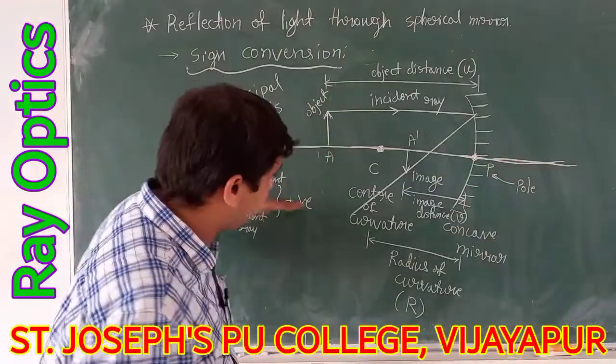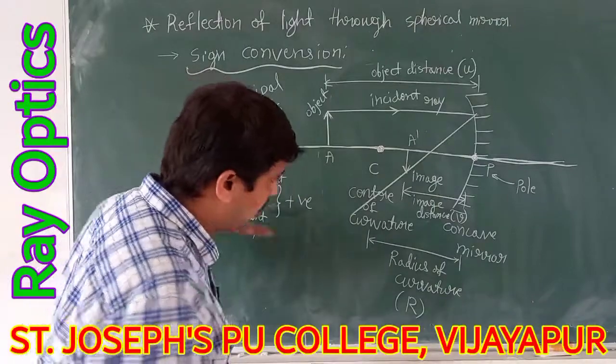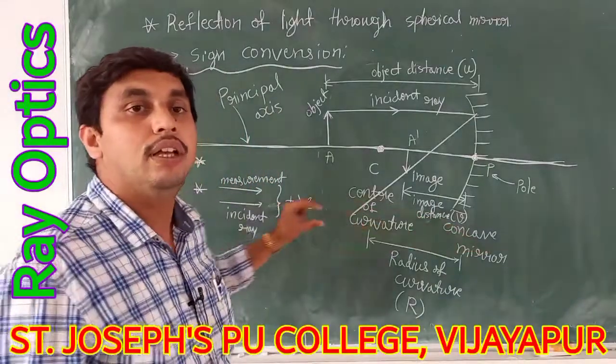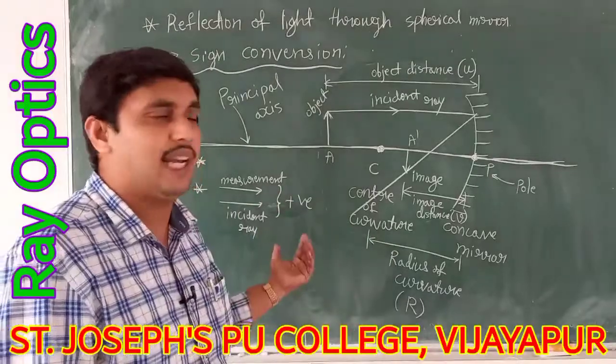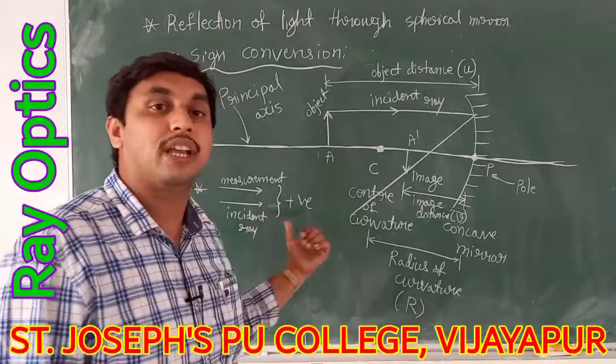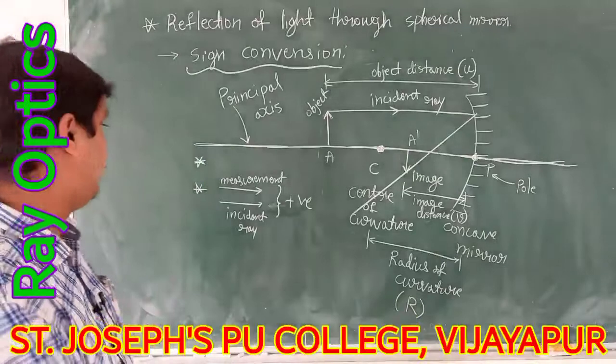If the incident ray is in this direction and our measurement is also in this direction, that is a positive value. If that distance is 10 centimeters, we take it as plus 10 centimeters.